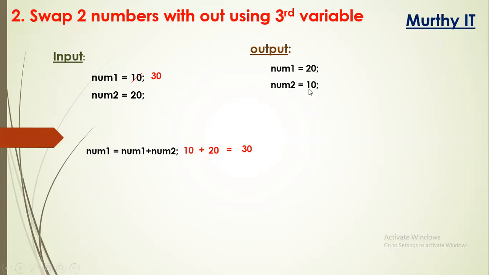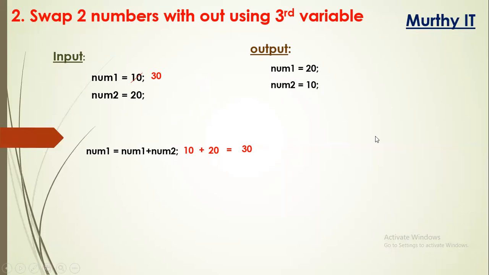To get number 2 as 10, from 30 onwards how much do we need to subtract? 20.